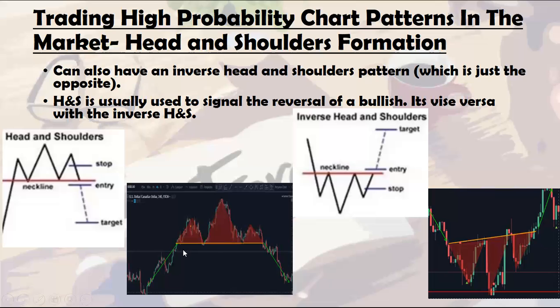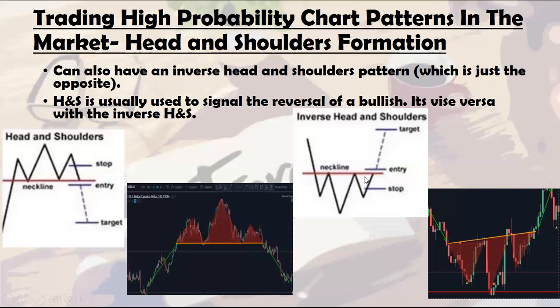Now we also have the inverse head and shoulders, where it's just the opposite. So we're having a bearish run, price comes down, then it comes up to a certain price level, then it goes farther down, and it comes back up to that same level, creating your head, and then it'll create your next shoulder.